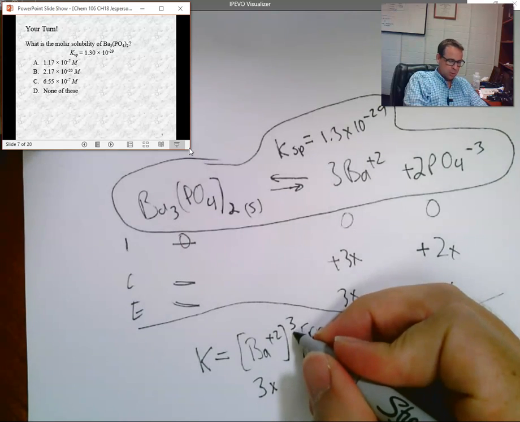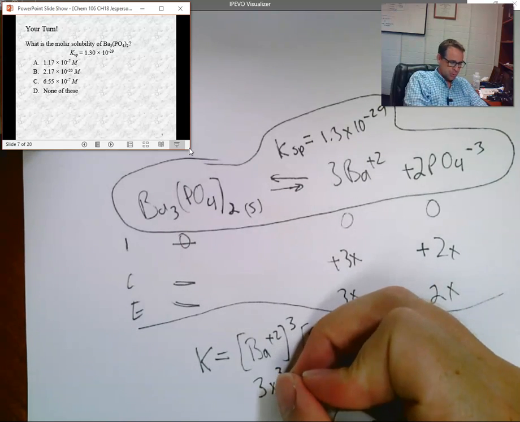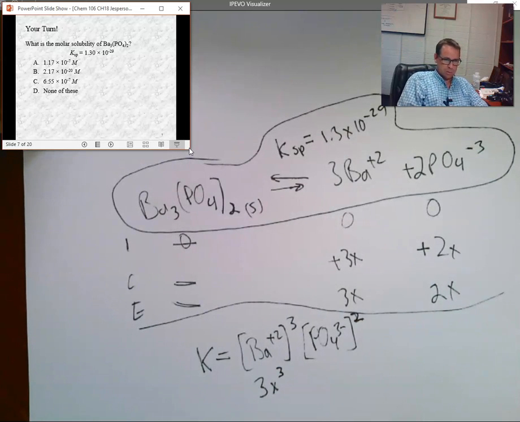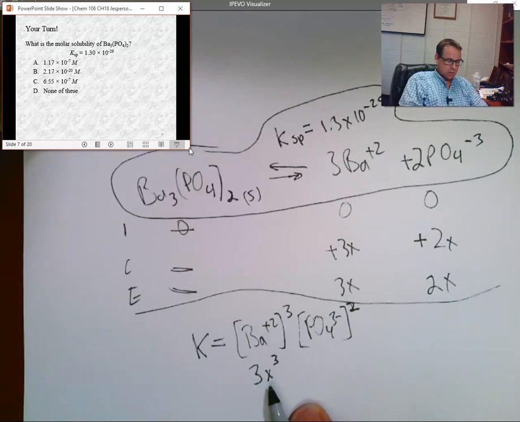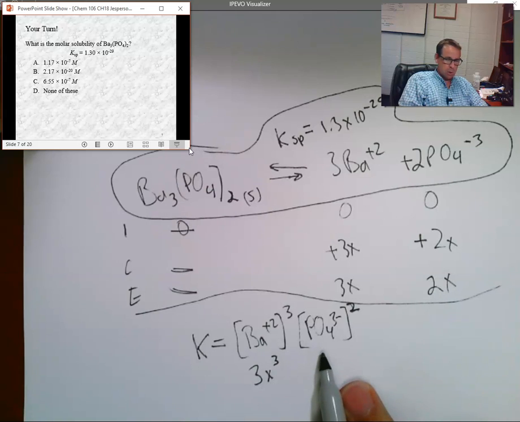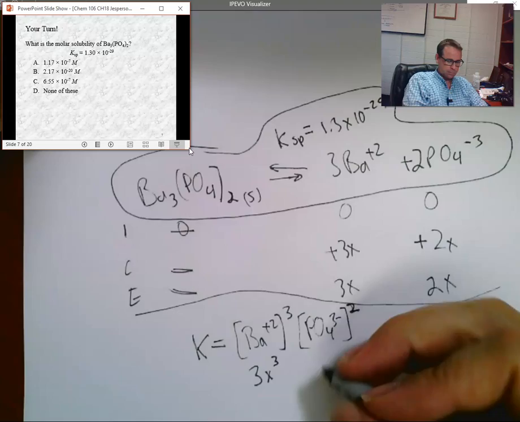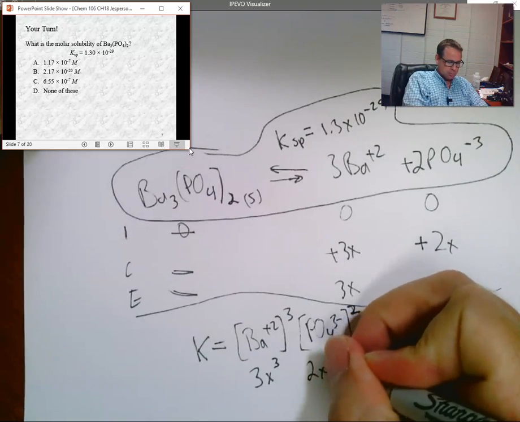But I can't forget to cube it, can I? Let's just leave it at 3x cubed for a second here, and then what goes over here? 2x squared. Very good.